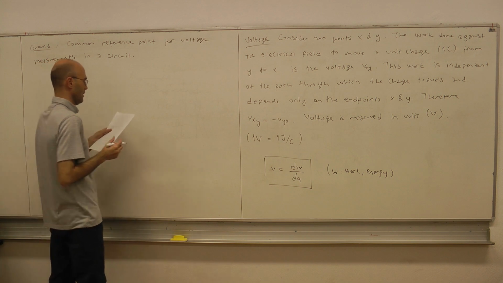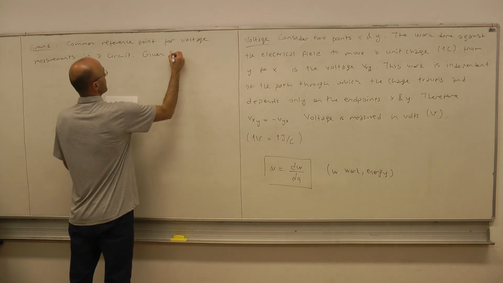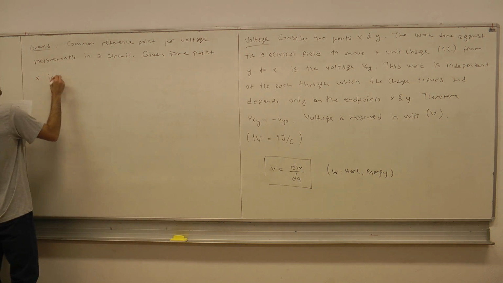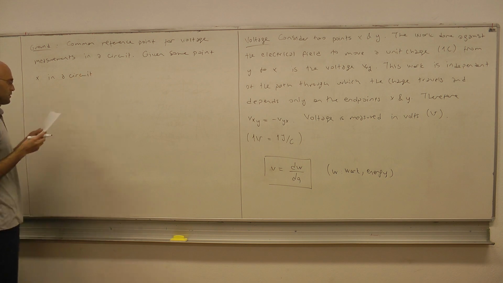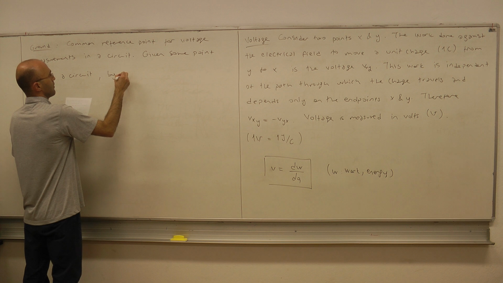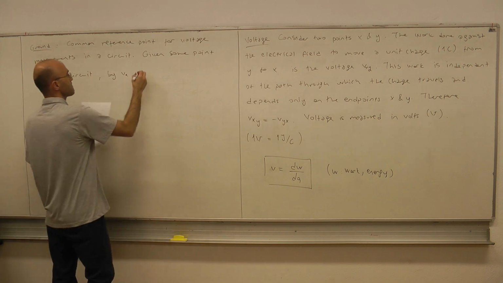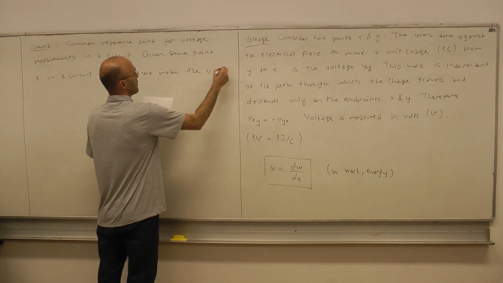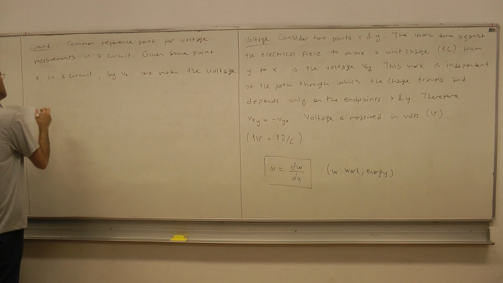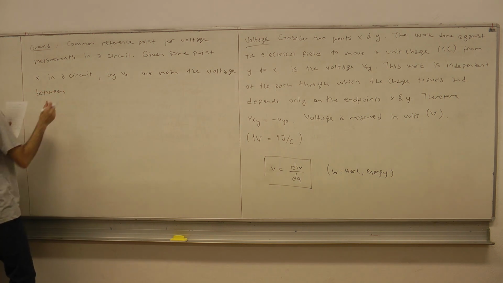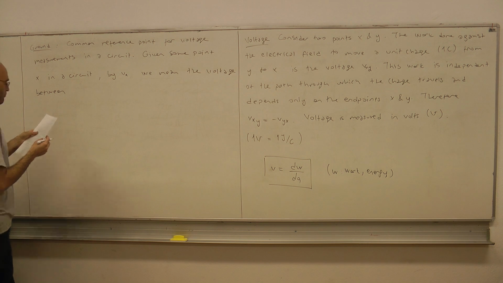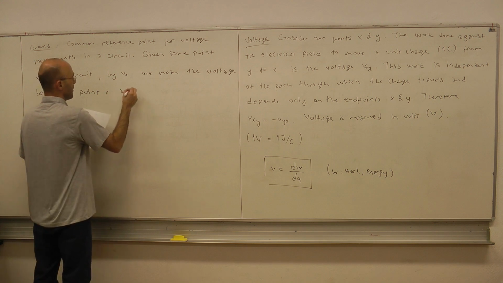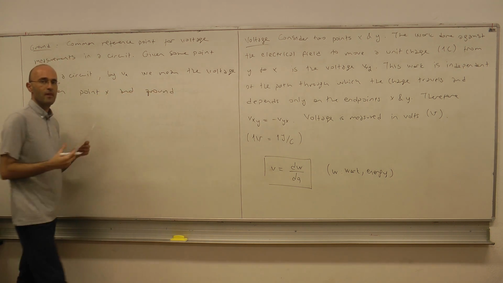Given some point X in a circuit, by Vx we mean the voltage between point X and the other node that we're calling ground.